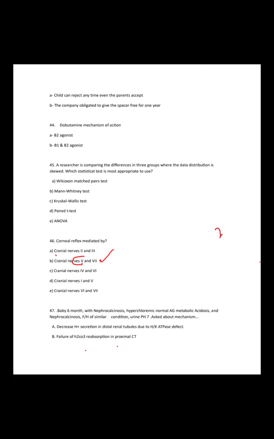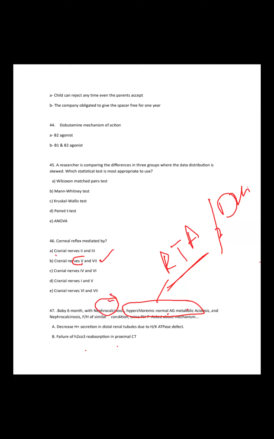Baby 6 months with nephrocalcinosis, and if you look at it, it is hypercalcemic, normal anion gap metabolic acidosis. So normal anion gap metabolic acidosis means RTA. Metabolic acidosis, normal anion gap, RTA or diarrhea probably. So you are dealing with nephrocalcinosis. Nephrocalcinosis is associated with RTA.